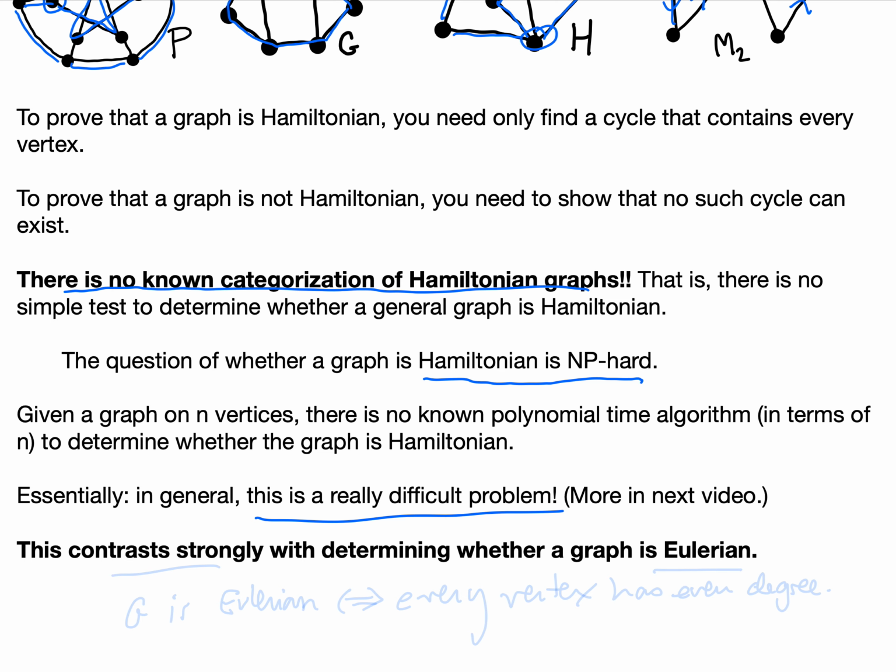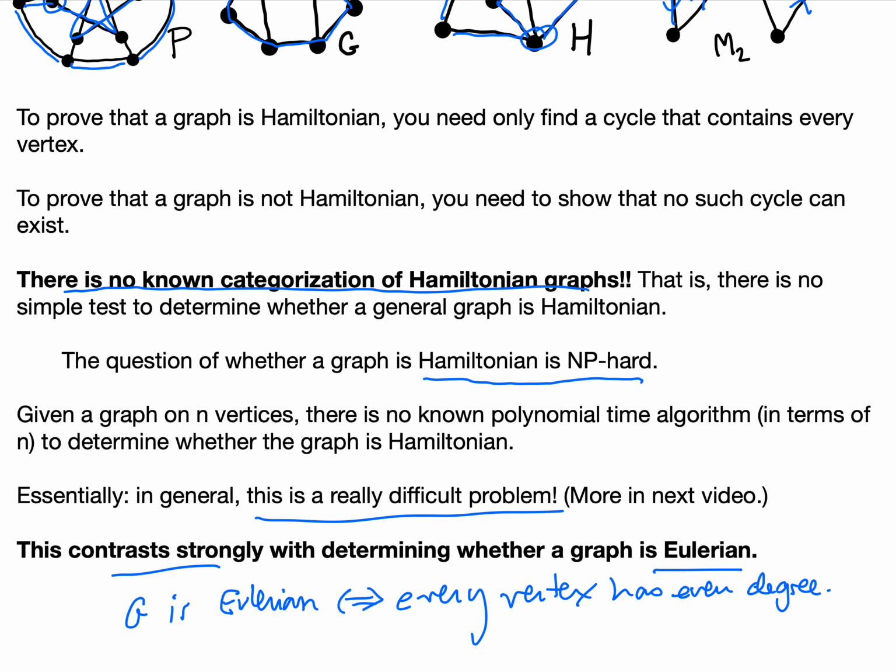And this is in strong contrast with determining whether a graph is Eulerian. Remember that G is Eulerian, has a circuit that contains each edge exactly once, if and only if every vertex has even degree.